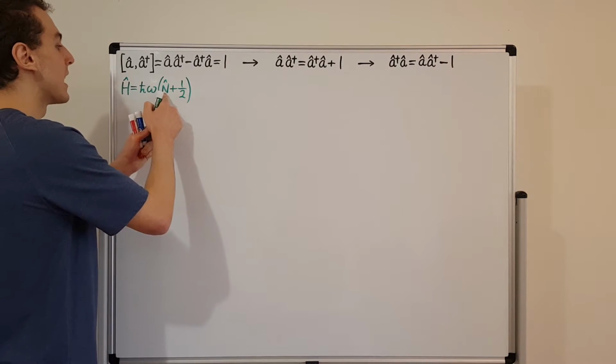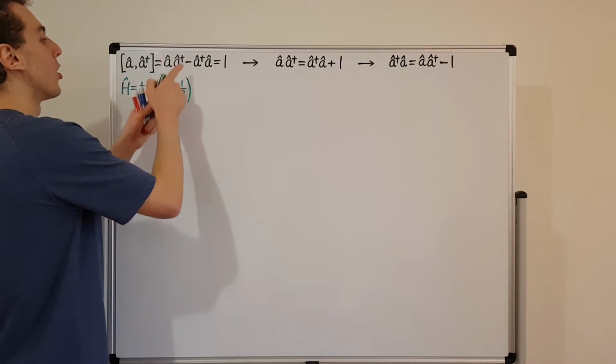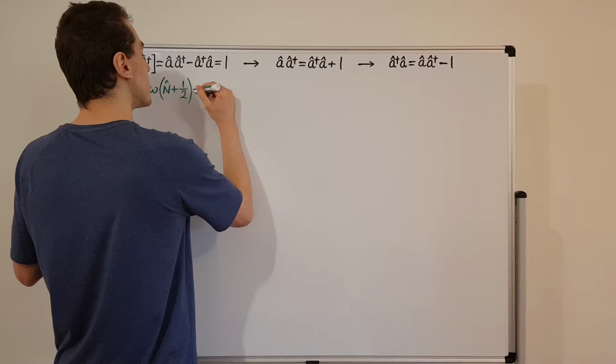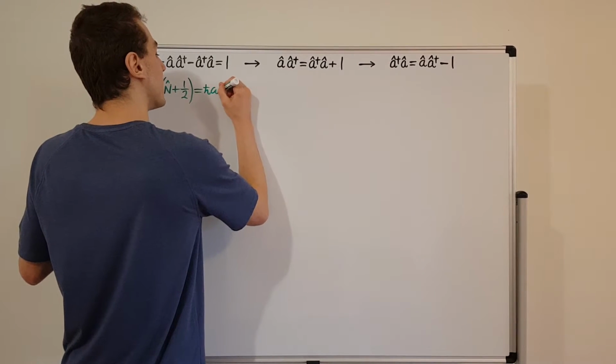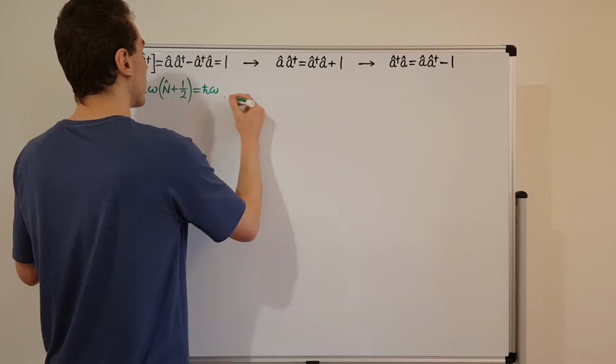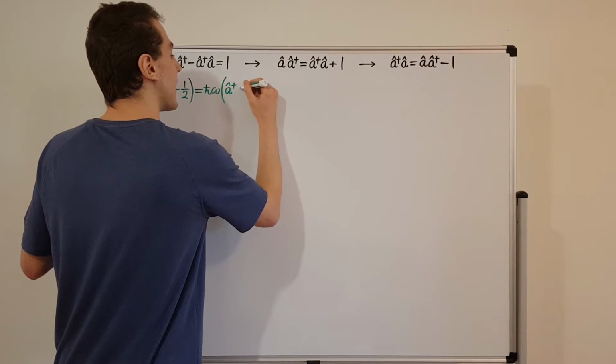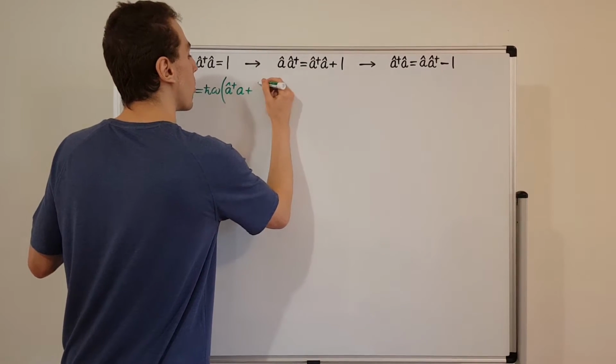This number operator can be written as the product of the ladder operators, but it's a very specific ordering. So this is equivalent to H bar omega, this is just a numerical constant out the front, times A dagger A plus 1/2.